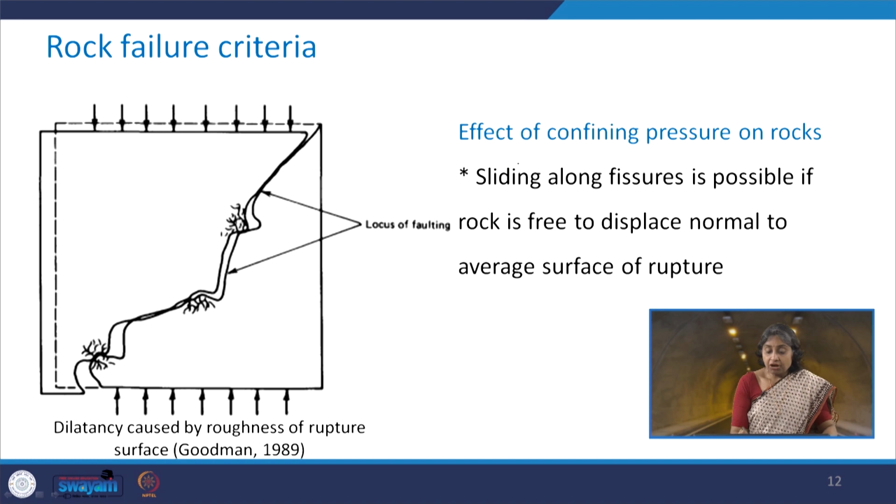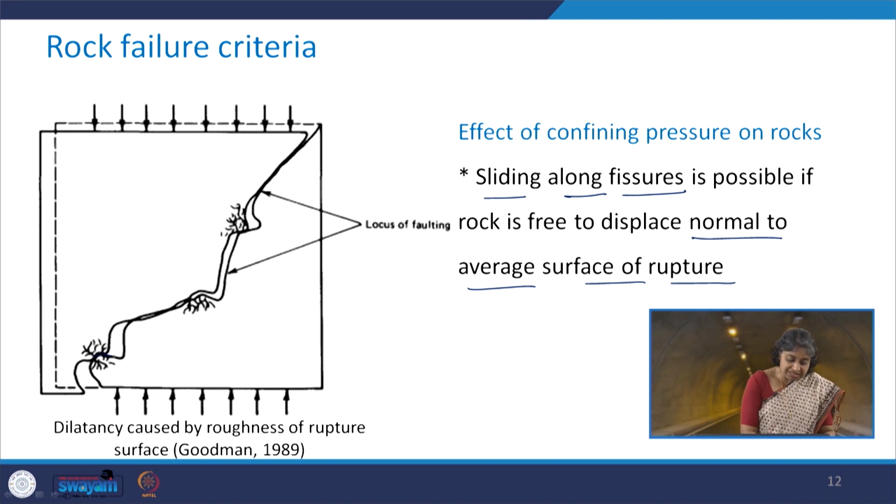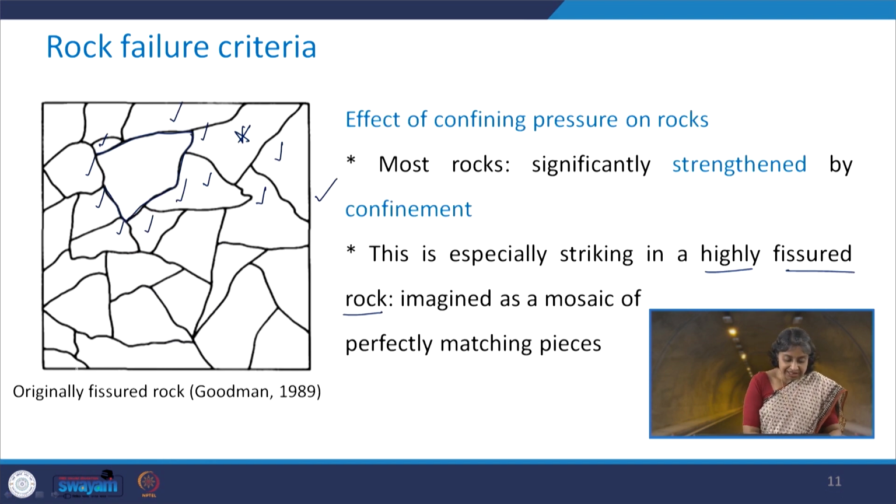For that to happen, or for sliding along the fissures to happen, the rock has to be free to displace normal to the average surface of rupture. Let us say that this is the average surface of rupture. Maybe I can go to the previous figure, and here this is the average rupture surface.